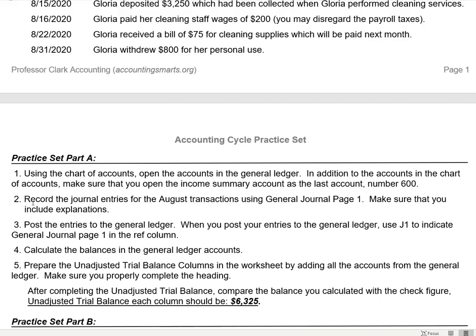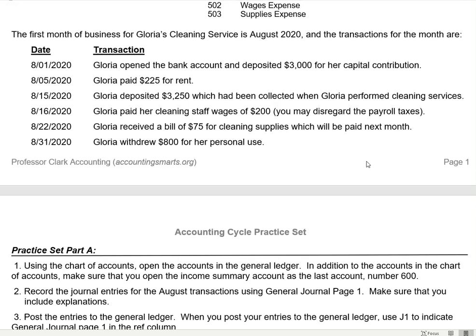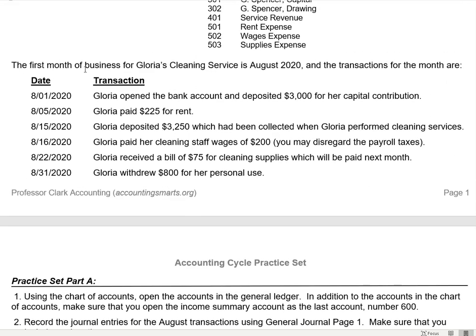Okay, so our next one is to record the journal entries for August transactions using General Journal, page 1. Make sure you include explanations. All right, so we'll find our transactions right here. So it tells you first month of business for Gloria is here, and these are the transactions. So our first transaction is on August the 1st. She opened her bank account and deposited $3,000.